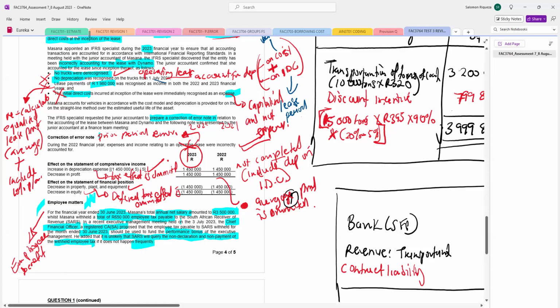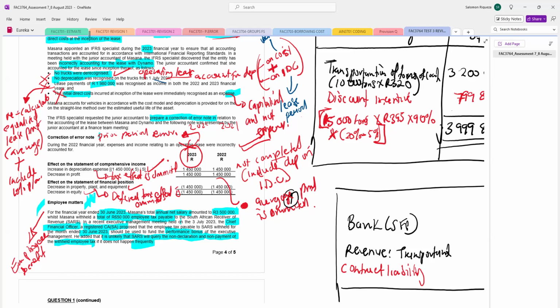Okay, so this is a CA advising the company to actually not comply with the law and legislation because they're supposed to have paid this PAYE or employee tax on behalf of their employees to SARS. So he's saying, no, let's rather use this money to pay bonus. Let's pay them bonus.